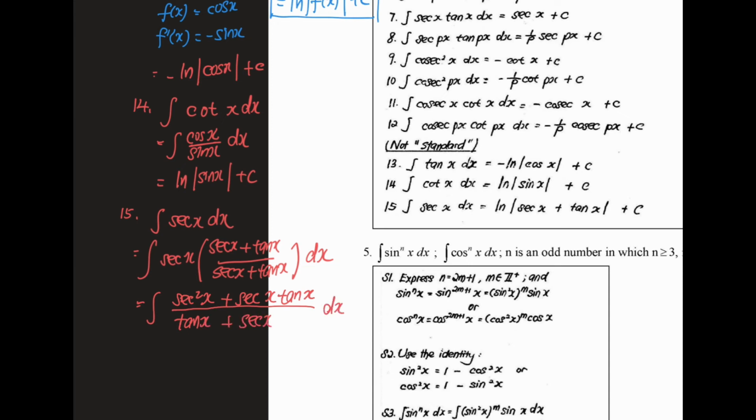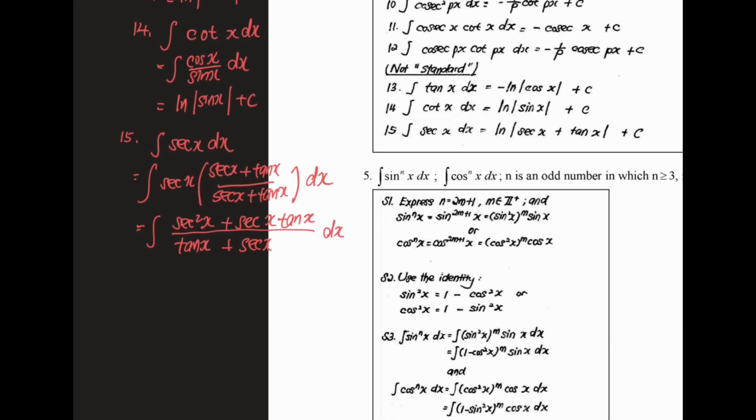So we will see f prime of x over fx now. As you know, differentiation of tangent x, you will get secant square x. Differentiation of secant x, you will get secant x tangent x. So this is where we have f prime of x over fx, and by using the formula, we will get ln modulus of tangent x plus secant x, plus c. Okay, so that is how we get formula number 15.